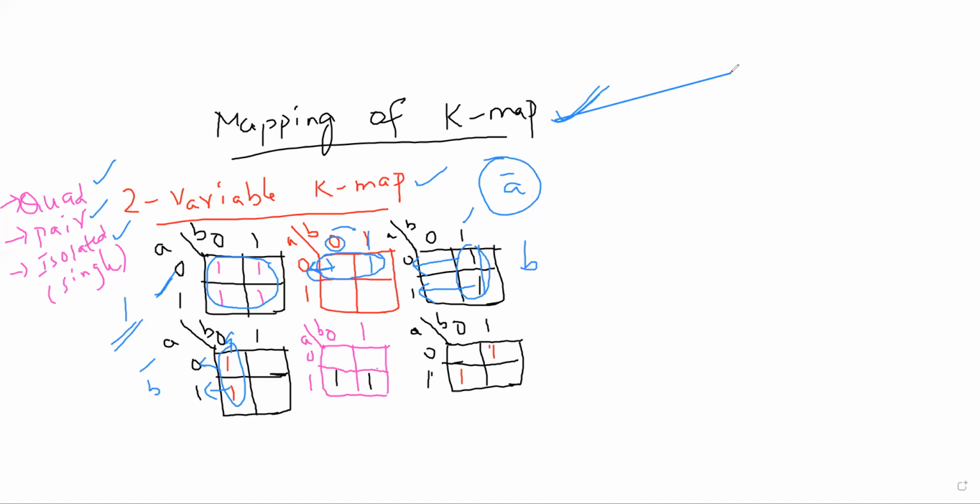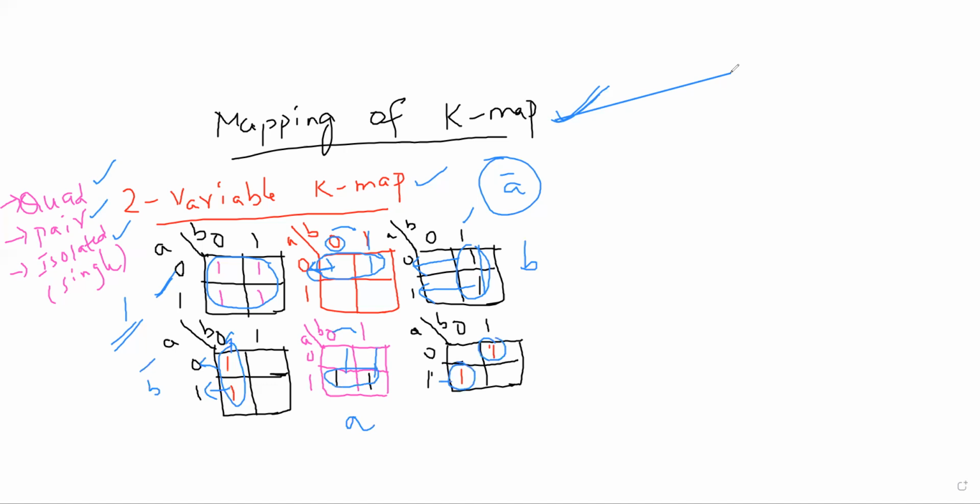Now similarly, what is this? Now if you observe that b is changing from 0 to 1, since we are having two columns but only one row, a is the answer. But if you observe this one, we do not have any quad chance, we do not have any pair chance, therefore these are isolated ones, a single one.